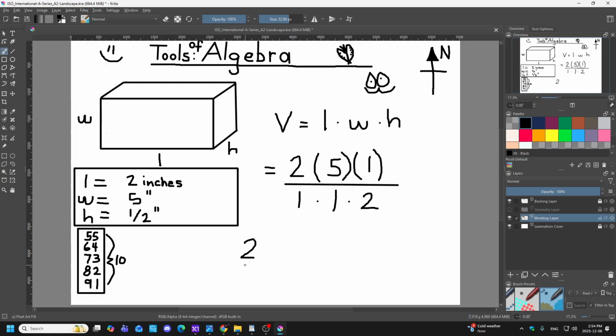Correct? We can also write it in fraction form, 2 over 1. Same thing with 5, 5 over 1. And 1 over 2. Okay? Everything is in fraction form now.